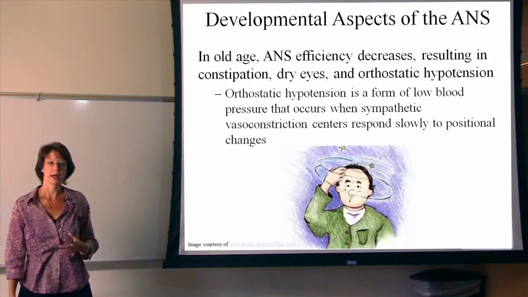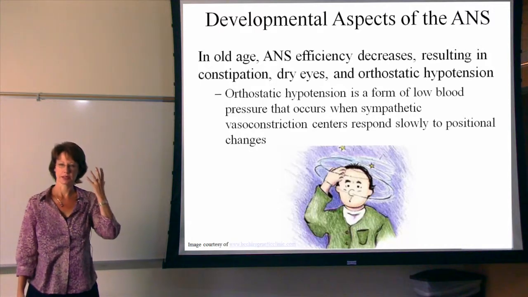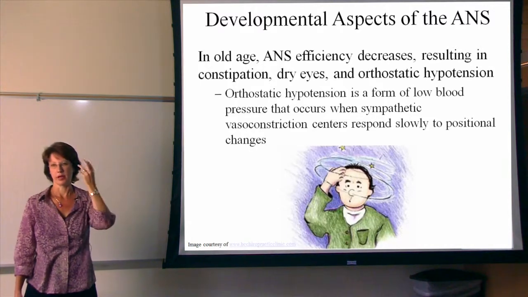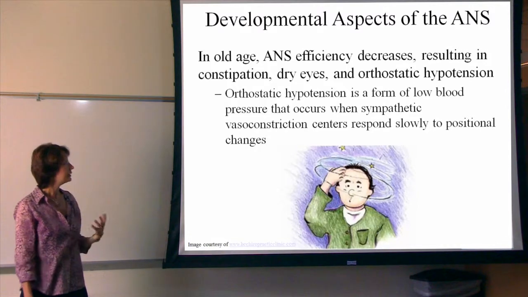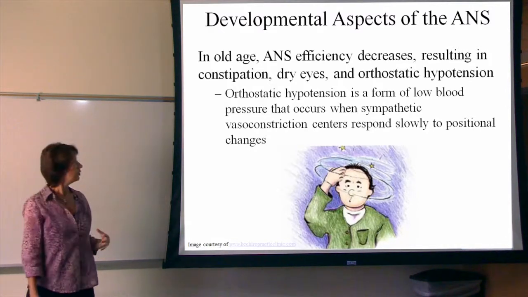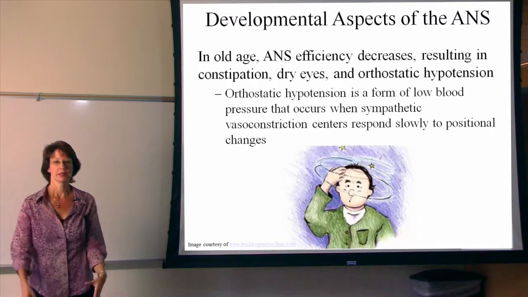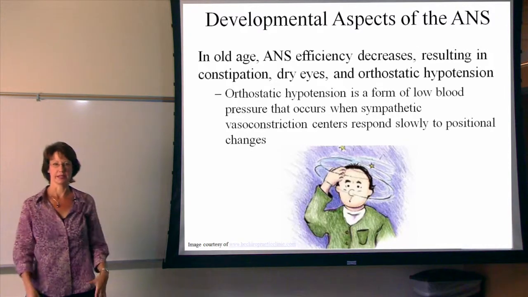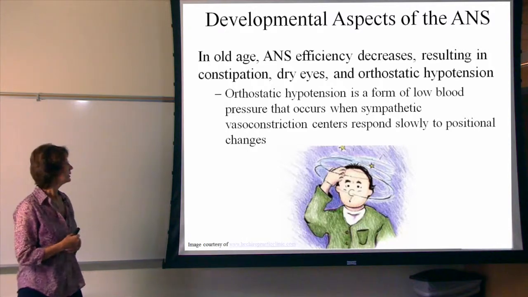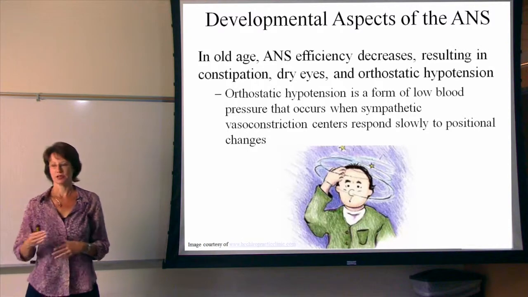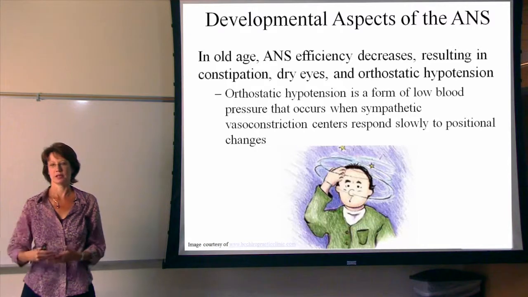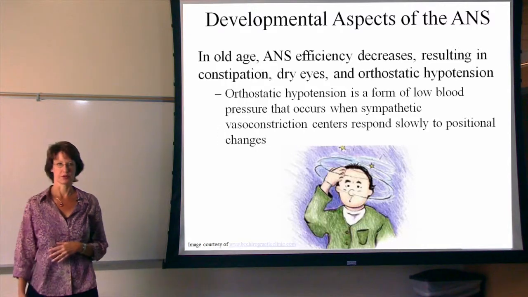You're going to end up with dry eyes because the lacrimal glands are not as productive. And things like orthostatic hypotension, which is getting up fast and feeling dizzy because the blood is not as controlled to go to your head. All of these tend to just, as you age, the function just declines more and more, sadly.